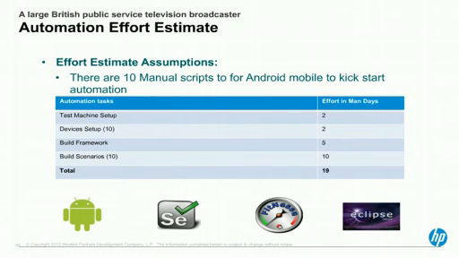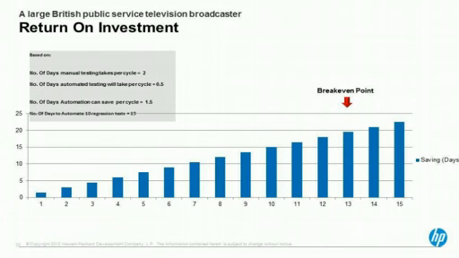We did some work with a television broadcaster, quite a large one, and if we started to look at doing testing manually, so 10 manual scripts on Android mobile to kickstart the thing, we were noticing there was about 19 man-days worth of effort to get this testing set up and running. So we did some work with them.